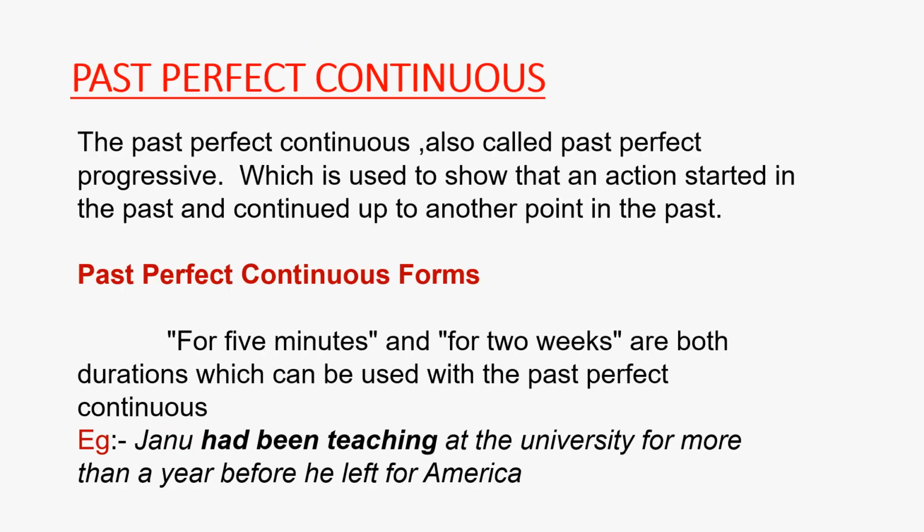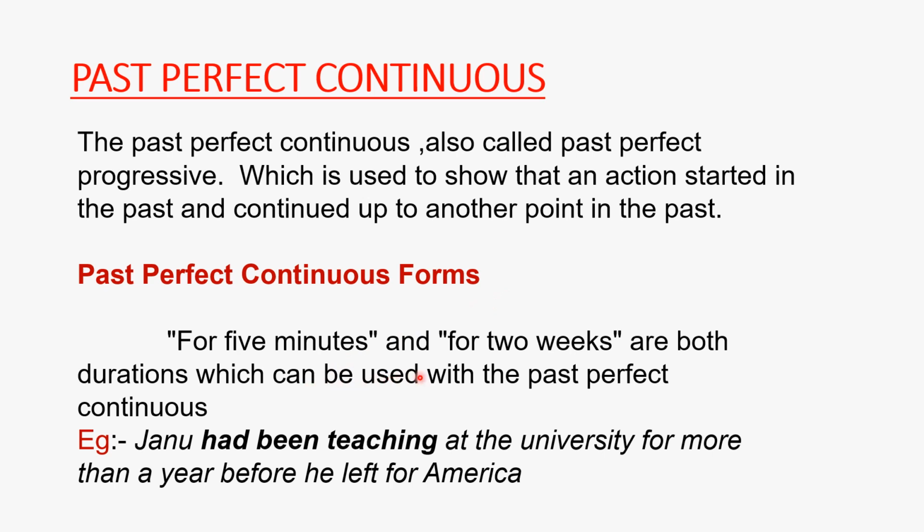Past perfect continuous tense. The past perfect continuous, also called past perfect progressive, is used to show that an action started in the past and continued up to another point in the past. Look here at the past perfect continuous forms.